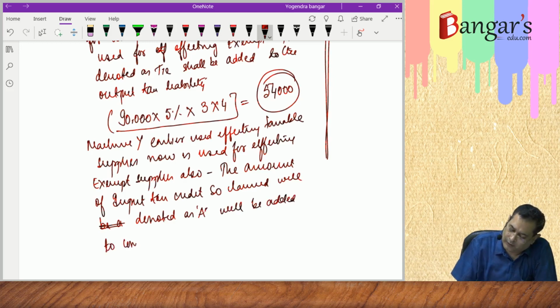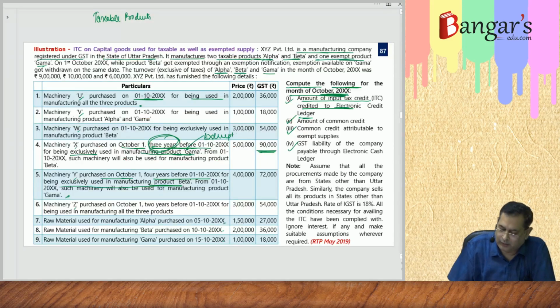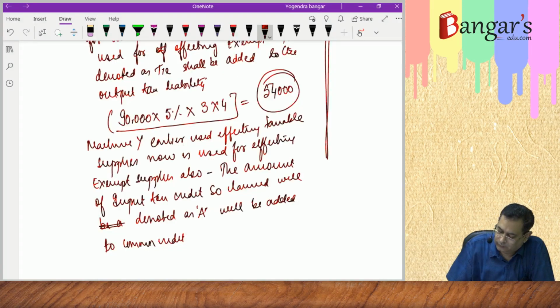To common credit. Same will be added to common credit. So here it is machine Y, 72,000 rupees. We are writing internally. This will be added to common credit.